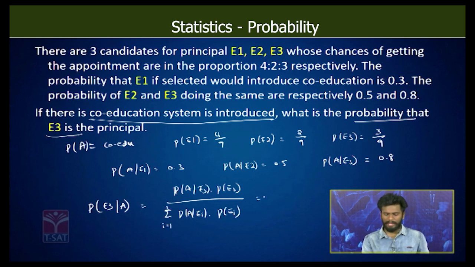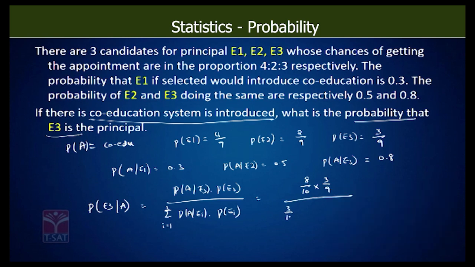So what is the probability of A given E3? 0.8. Let us consider 8/10 into probability of E3 which is 3/9, divided by 3/10 into 4/9 plus 5/10 into 2/9 plus 8/10 into 3/9.